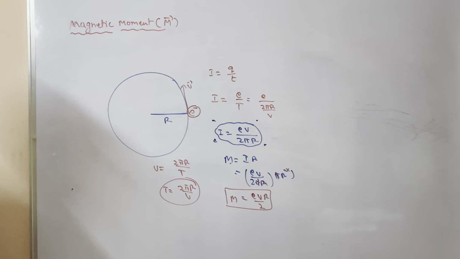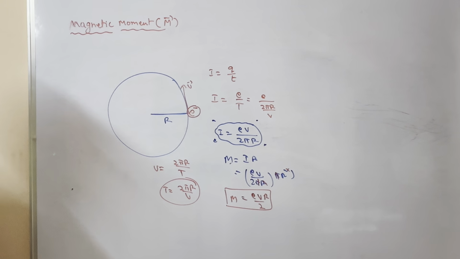If a charge is revolving, very important, for charge Q the magnetic moment is QVr by 2. This is for a charge; the earlier one is for the electron. Whenever an electron is revolving, Bohr postulates we came to know.